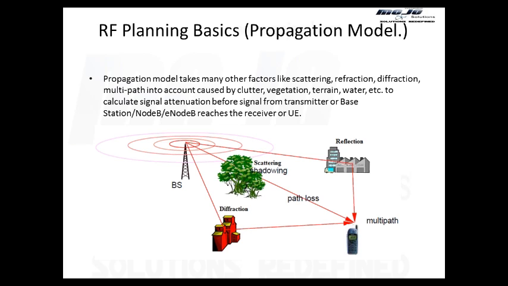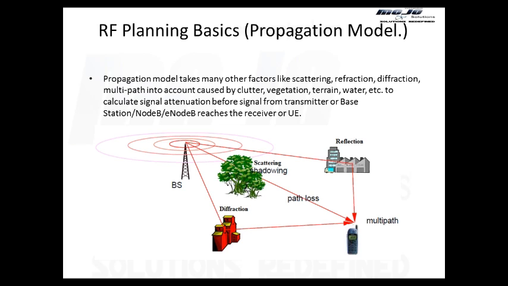So now going back, we understand what propagation is. Propagation is basically how the signal is transmitted from the base station to the UE, and what will be the received signal level.